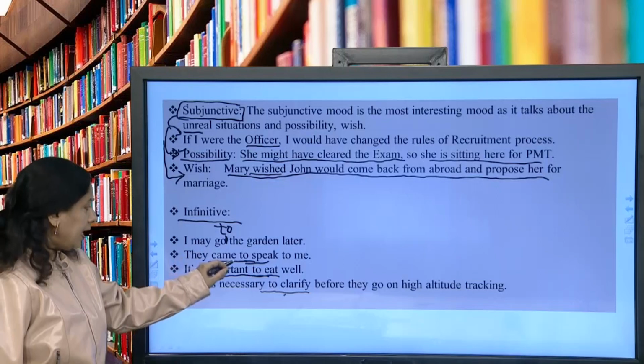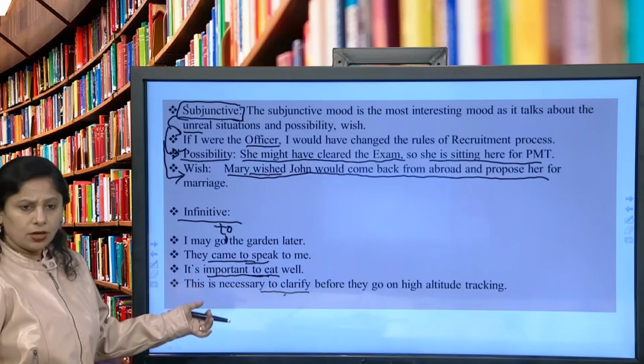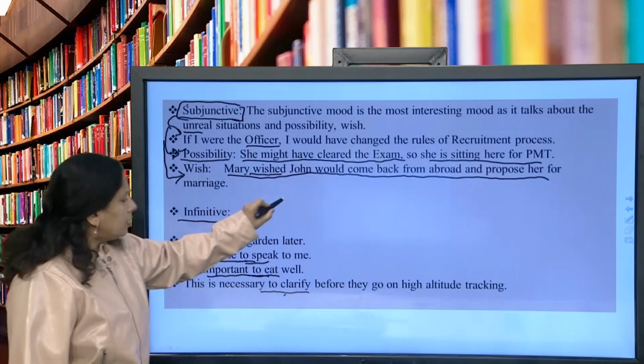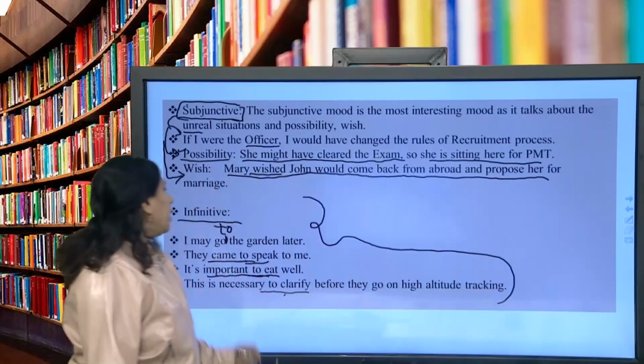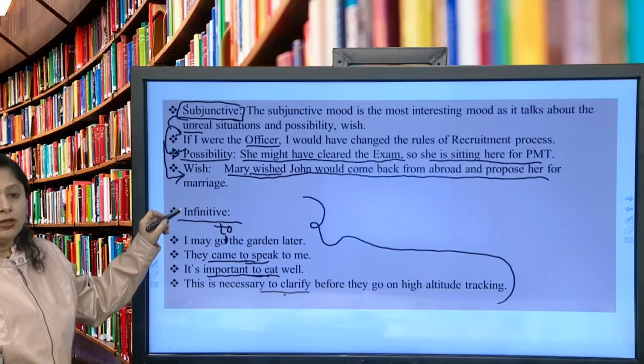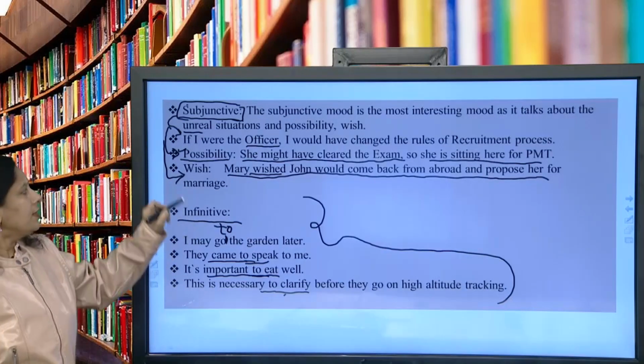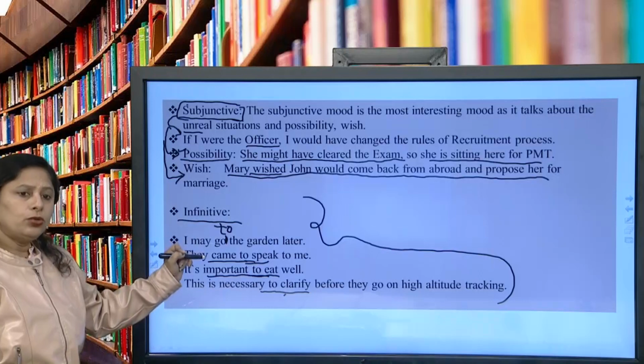They came to speak to me. So here all these kinds of sentences are showing the infinitive mood.